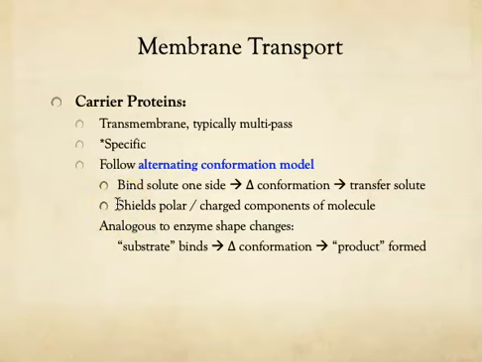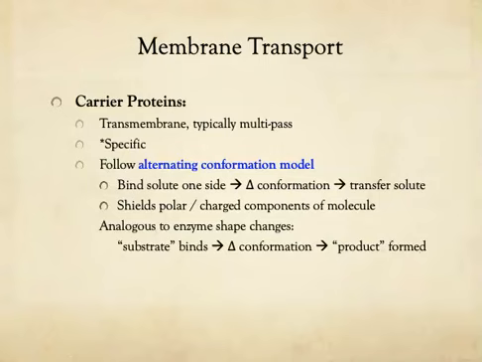Remember, one of the conditions for a solute to need to pass with facilitated diffusion is that it's polar. So these carrier proteins can shield the polar solute, or the charged components of the molecule, from the tail region of the membrane. The shape change that we see in carrier protein physiology is the same as the shape change that we see in enzyme physiology.